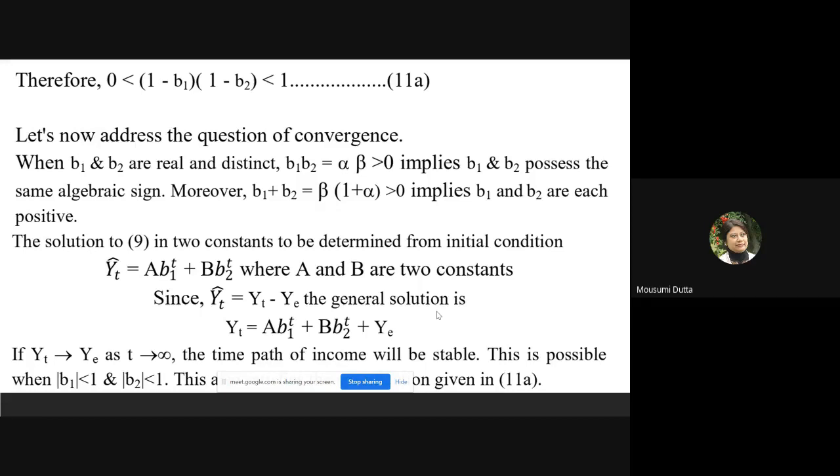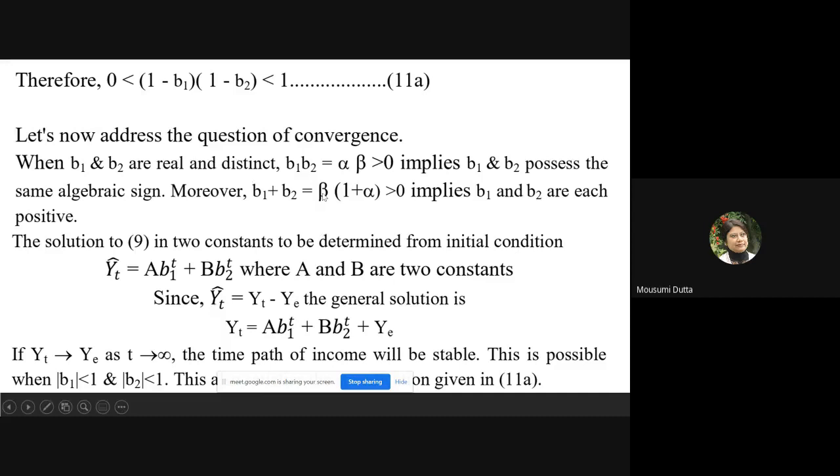Moreover, B1 plus B2, which is beta into 1 plus alpha, is also positive when the roots are real and distinct. This implies B1 and B2 are each positive.